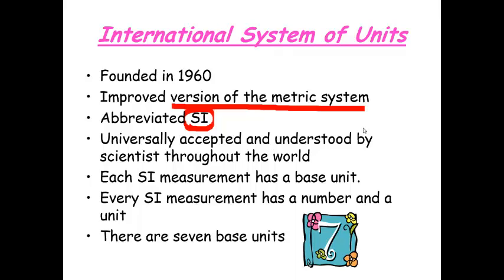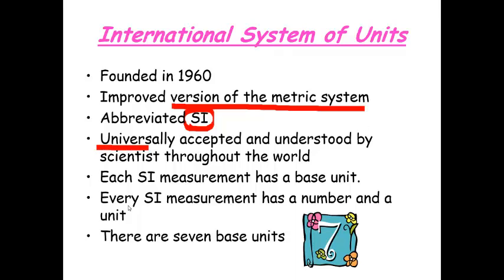This is a system that scientists use across the world. We all know that if we're going to use a distance measurement, we all use this same exact unit. So it's not like, do we all use kilometers? Do we all use centimeters? Do we all use millimeters? We all know that we use this exact unit so that we don't get confused on what we're talking about. So it's universally accepted throughout the world.